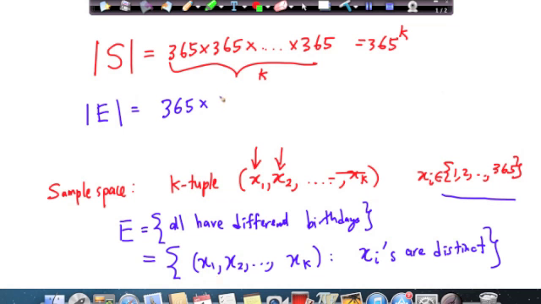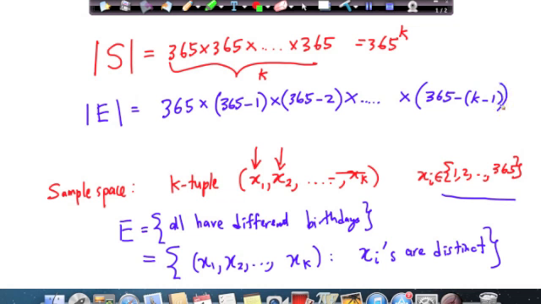So the next entry will have 365 minus 1 choices. For the next element x3, since it has to be different from x1 and x2, we have 365 minus 2 choices, and so on. In particular, for the last entry xk, we have 365 minus (k minus 1) choices.